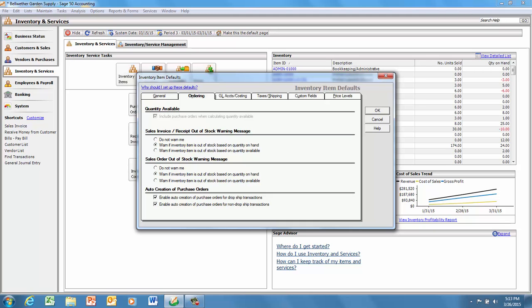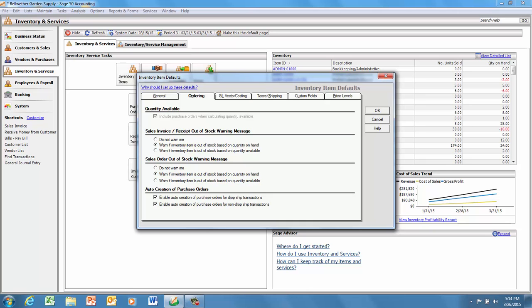Here's ordering things, and you can have a variety of things. These are warnings. We talked about how many you want to make sure are on hand. We had 3. We said we wanted of those particular bird houses to be on hand at minimum. And then if so, we want to reorder 6 more. Every time we get down to 3, we want to order 6 more.